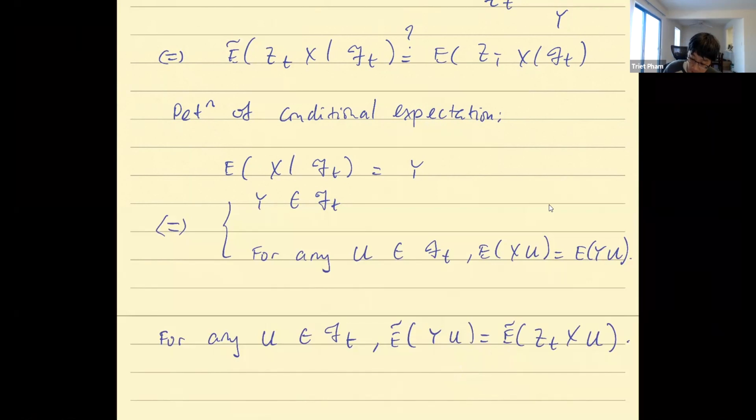Because this is my X in this case, and this is my Y. So that's what I want to show.